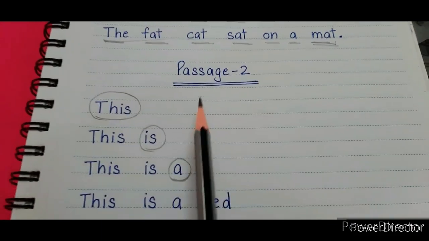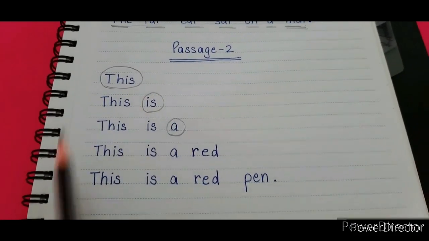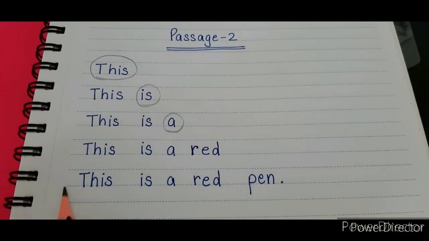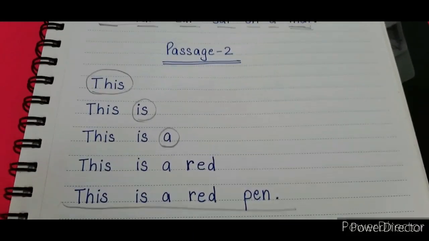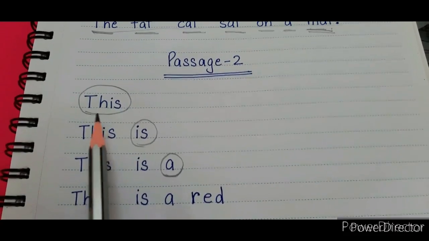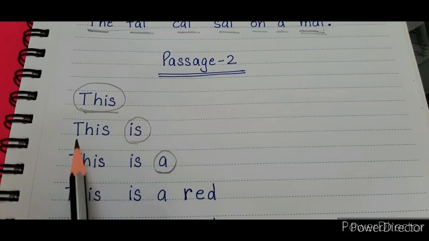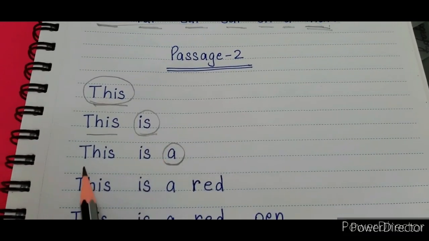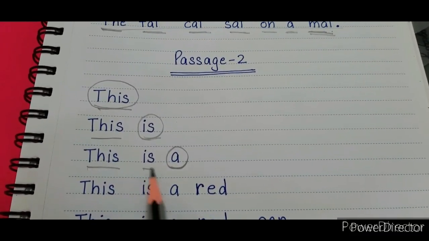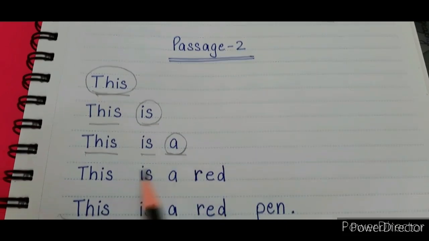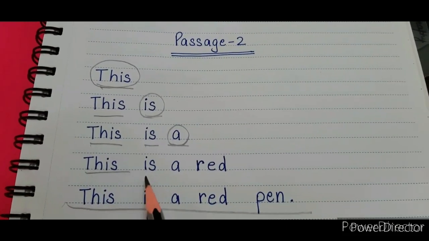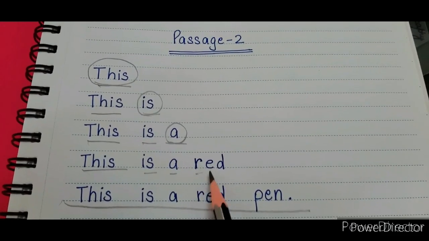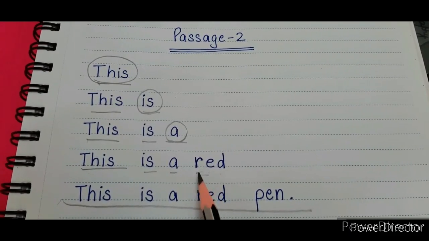Now let's see passage 2. Let's try to read this in the same way I have written this sentence. Now let's read. Repeat after me. This is. This is a. This is a red.